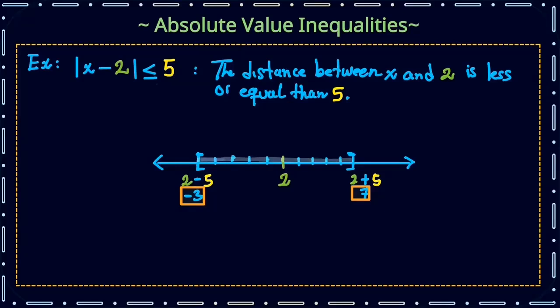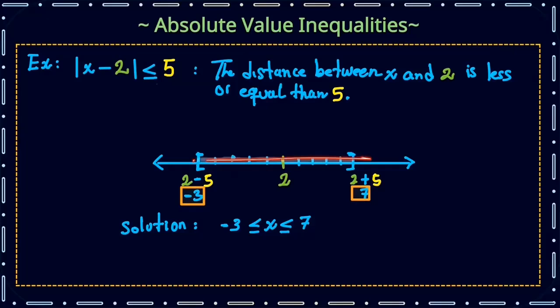We write the solution as x between and including negative 3 and 7. This is the inequality notation.